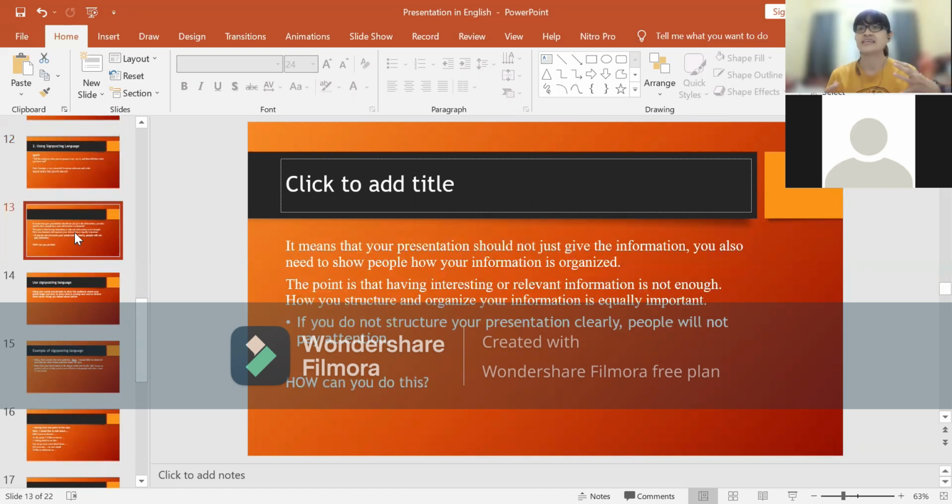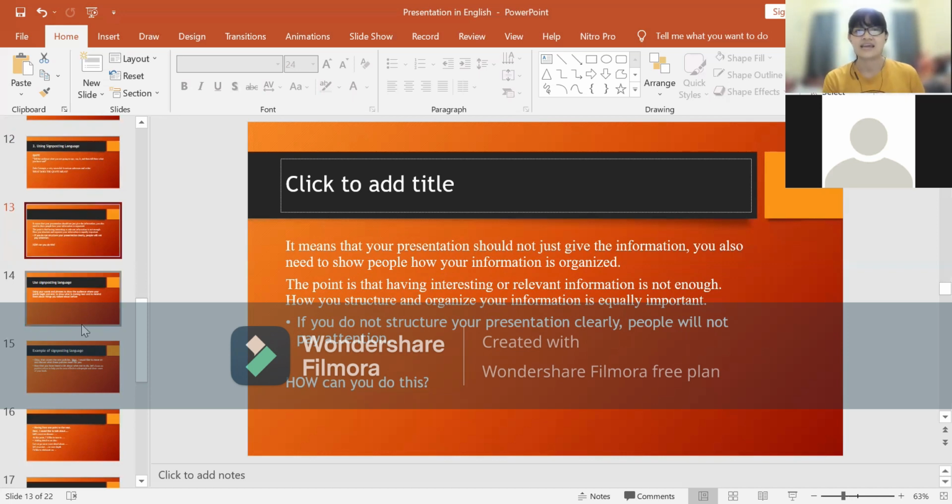Our presentation is not only about giving information, but our information should also be organized. The point is that having interesting or relevant information is important, and how you structure or organize it is equally important. Not only the animation or the slides, but also the relevant information.